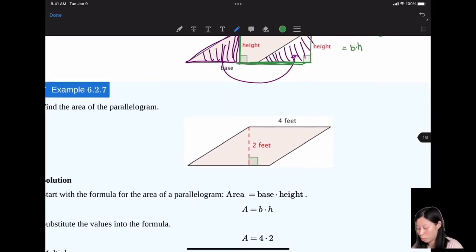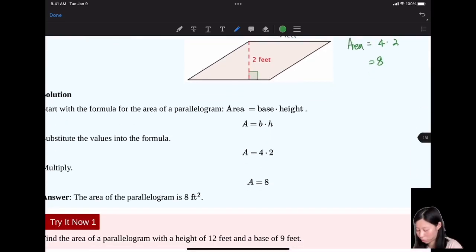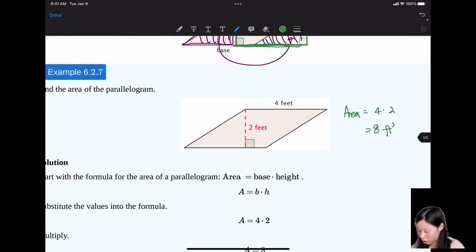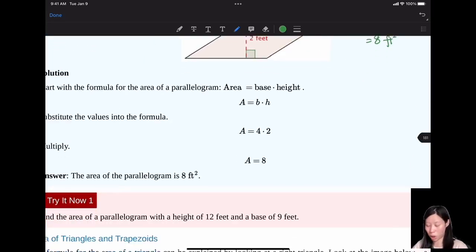So for this example, this is a parallelogram. The area equals the base times height, which is 8 square feet. I should put that. The unit is really important. Please keep the unit for your homework.